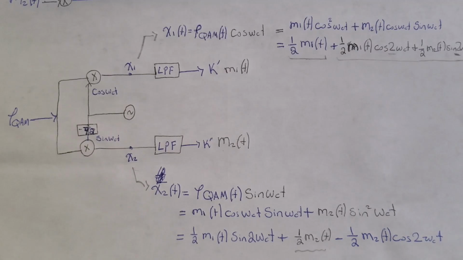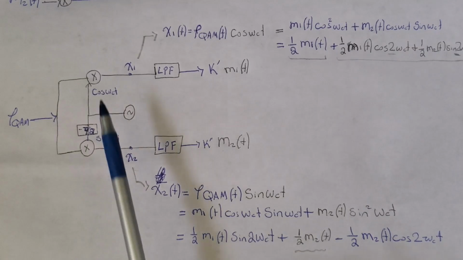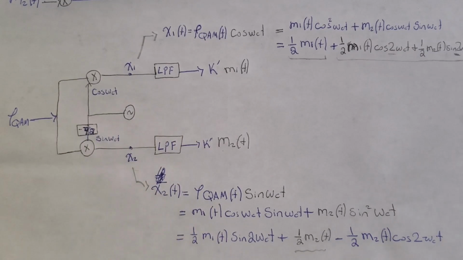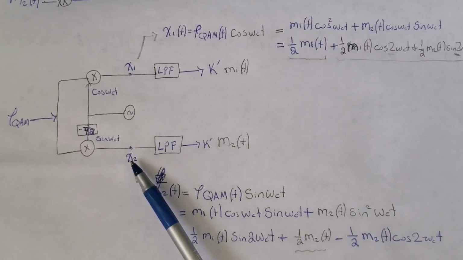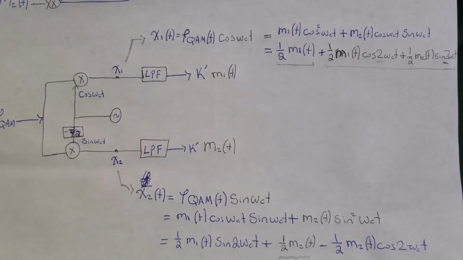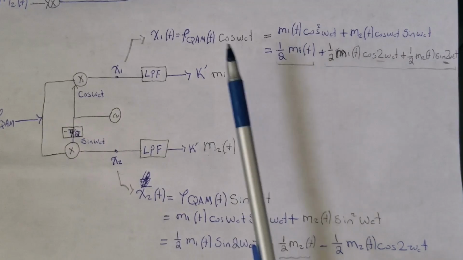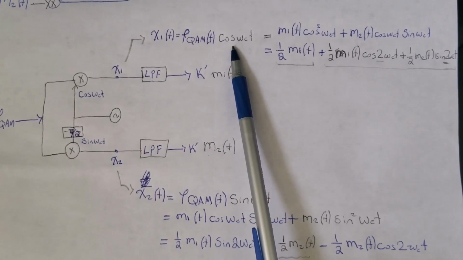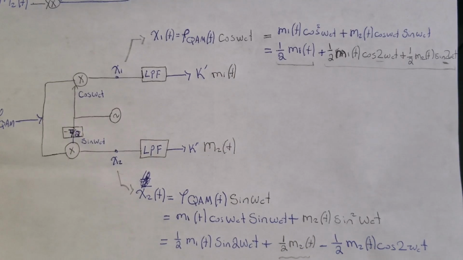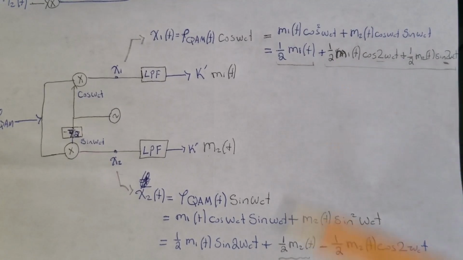The demodulator is a mirror image of the modulator. The QAM signal enters the demodulator. It gets multiplied by a cosine and a sine. Let's call this stage x1 and this stage x2. Here, the demodulated signal is being multiplied by cosine. Using the appropriate trig identities, the first message was recovered.